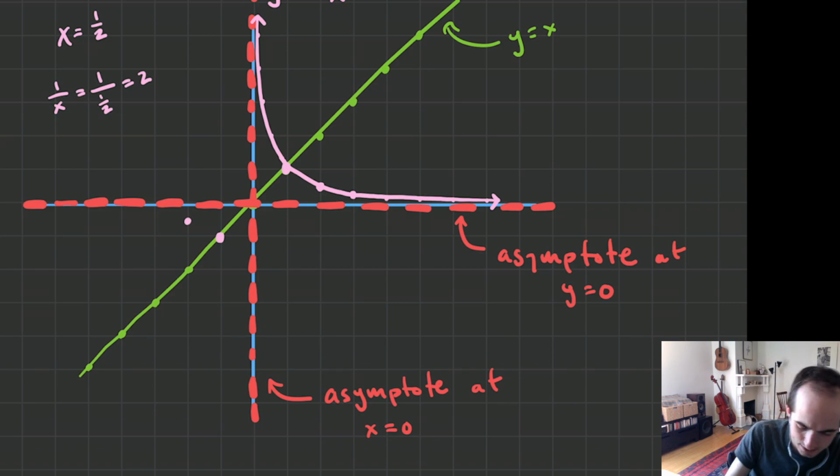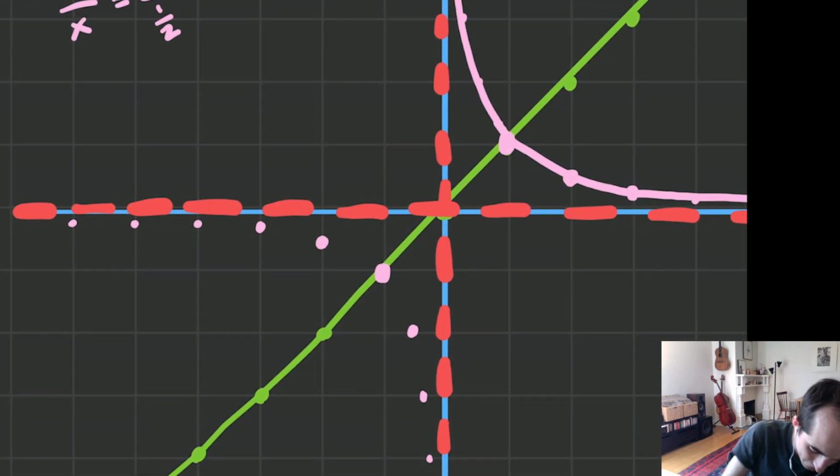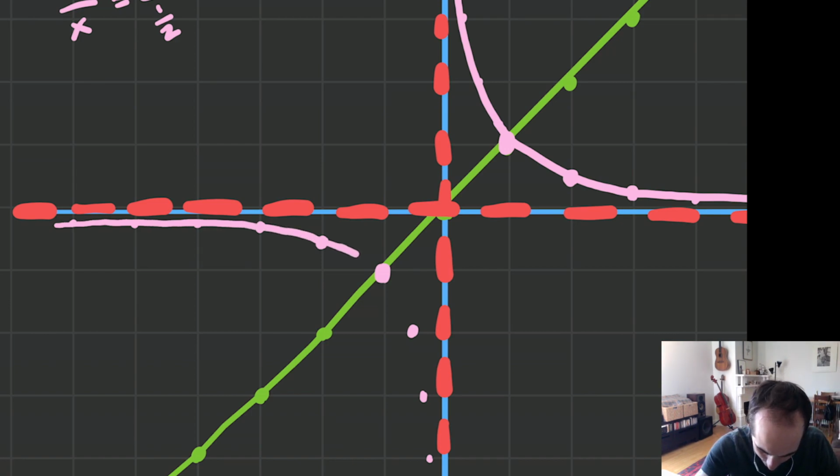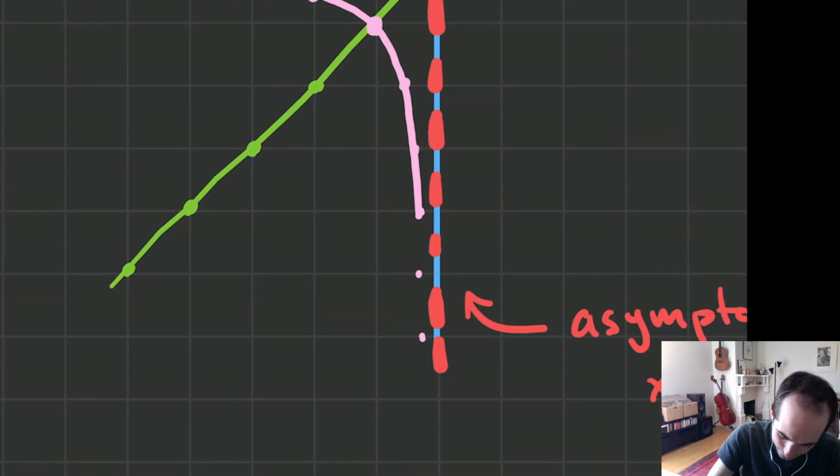And then when x is equal to -3, I've got 1 over -3, or -1/3, and then -1/4, -1/5, -1/6. And in the same way, we have the same kind of mirror image happening over here. There's a lot of symmetry to this, and we can really exploit that symmetry to make our life a little bit easier. I'm going to do my best to smoothly connect the dots. And there we have it.